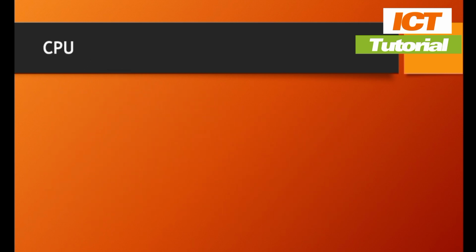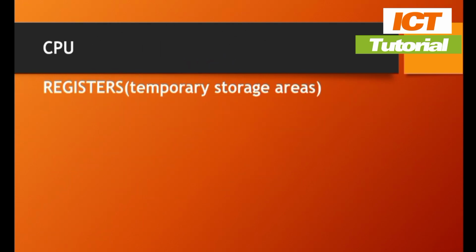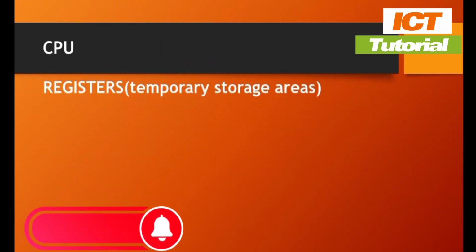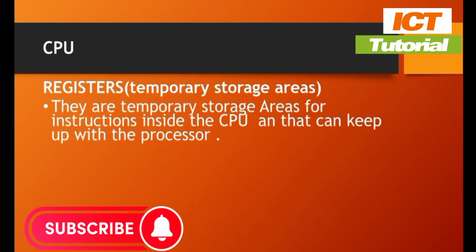So we're still on the CPU: registers and the buses. This is what I was forgetting about. Registers are temporary storage areas for instructions inside the CPU, and they can keep up with the processor.